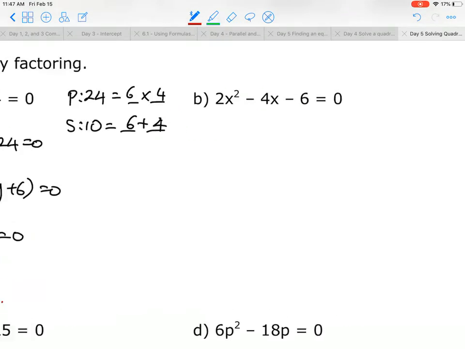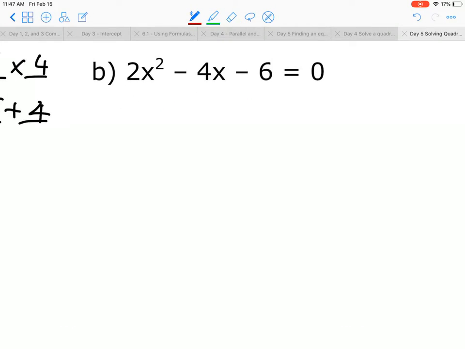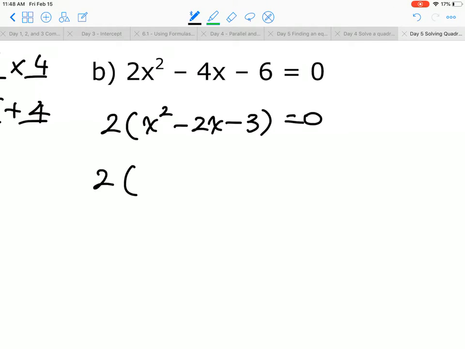Now for b, just be careful again when you're factoring it. The common factor has to be done first. So then this becomes 2 times x squared minus 2x minus 3 equals 0. And when you factor this, this becomes x minus 3, x plus 1 equals 0. Now, when you are solving an equation in factored form, do I really care about the 2 at the front?